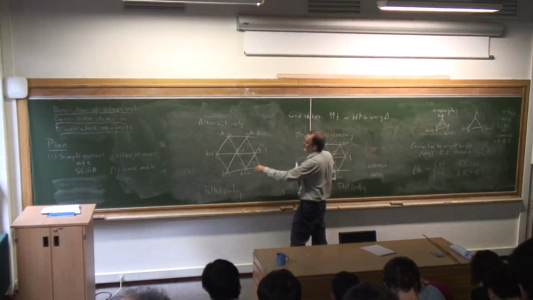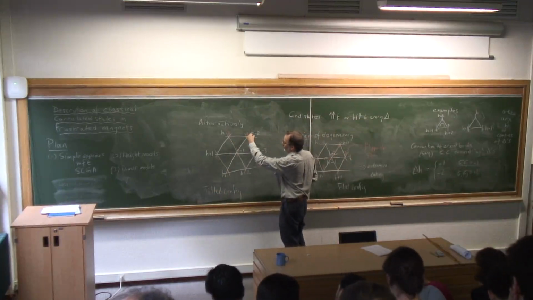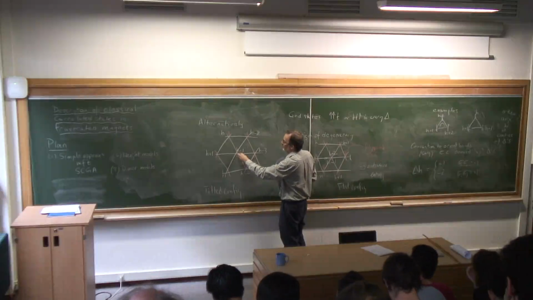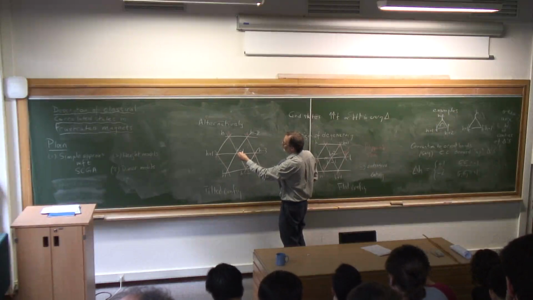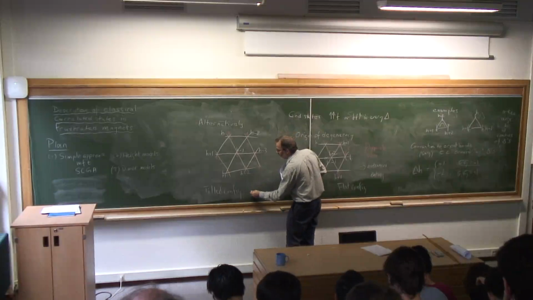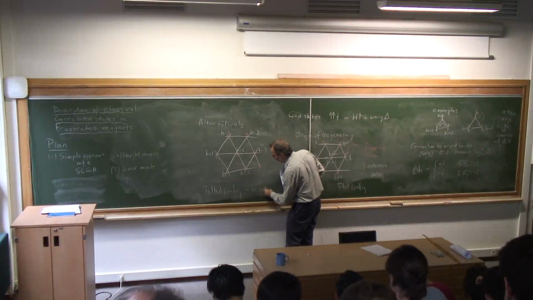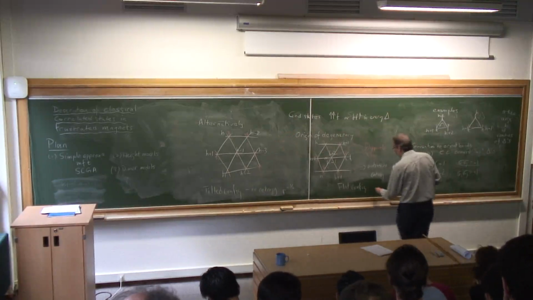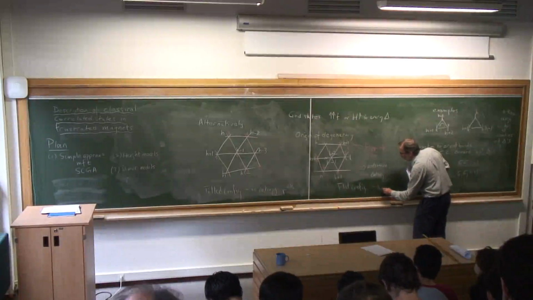And in this case, you can see that there's no possibility to flip a spin because that would generate triangles with 3 spins up or 3 spins back down. So it's tilted and it's got no entropy, whereas this flat configuration has entropy.